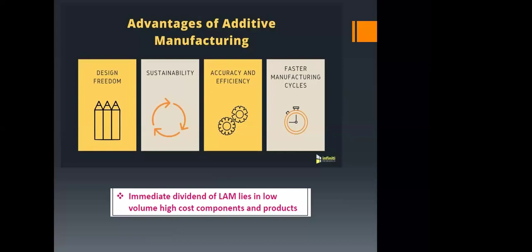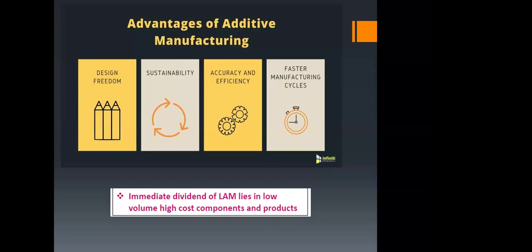Suppose a cap of a bottle, we can make that in large batch sizes, where a large number of products can be made in a single run with a particular designed die. But it will not be suitable to manufacture bottle caps through additive manufacturing technologies.